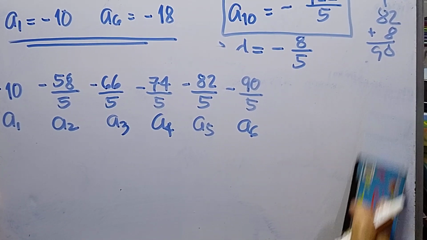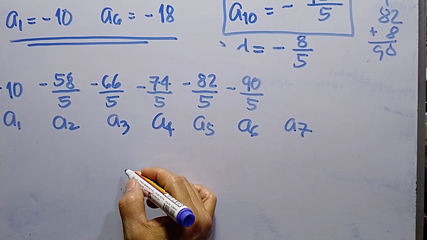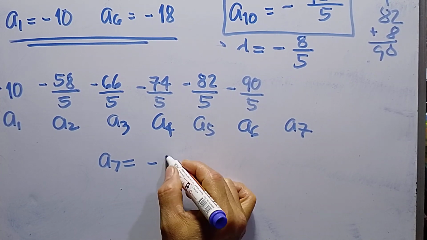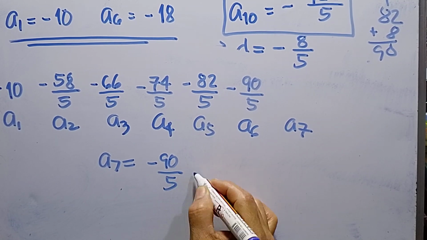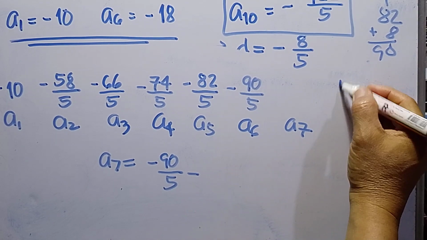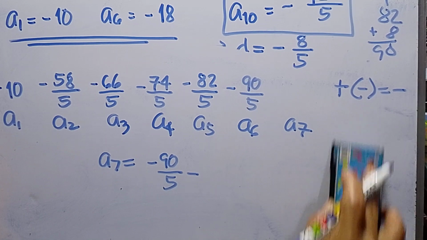A sub 7. So A sub 7 is equal to A sub 6, negative 90 over 5 minus the difference, because supposedly this is plus, but plus times minus will be minus. So I use minus in here.